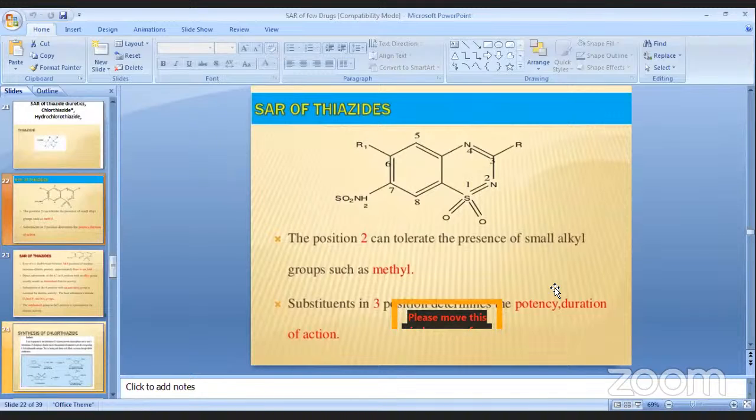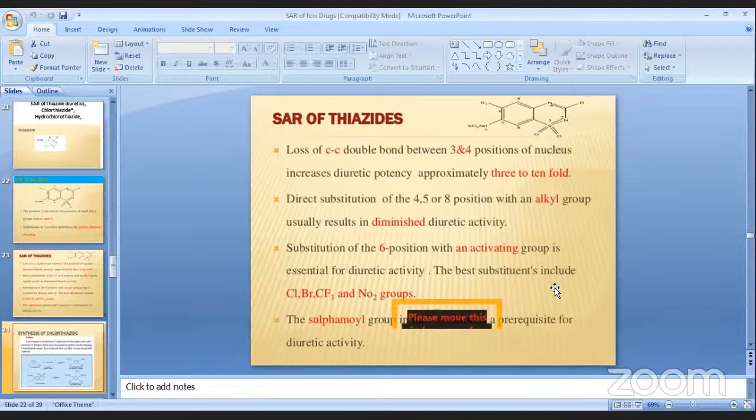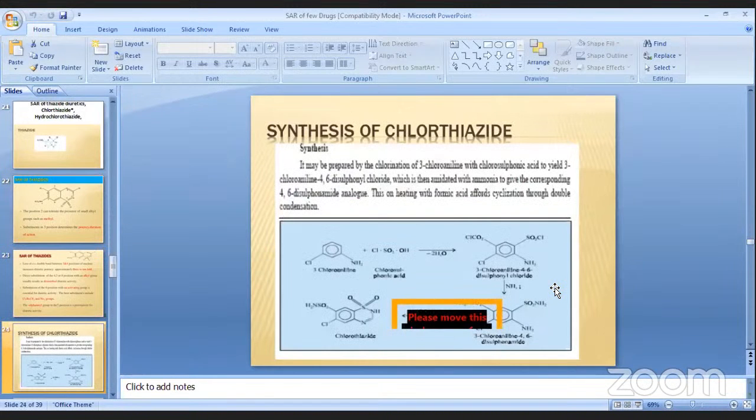So you can get better thiazide compounds by changing the positions 7, 6, 4 and 3 saturation and some substituents. Next I am going for the synthesis of chlorothiazide.